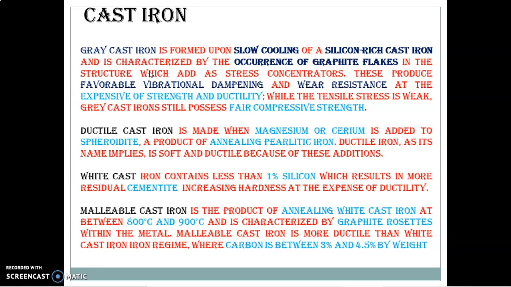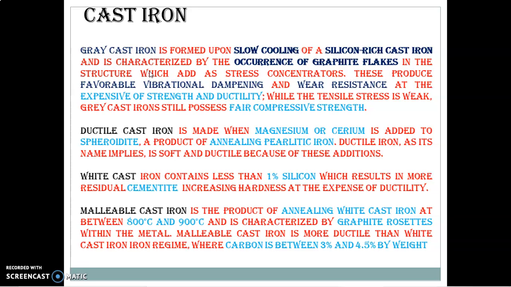Also we have seen that ductile cast iron is made when magnesium or cerium is added and the annealing process is carried out. Okay. So in cast iron, grey cast iron and ductile cast iron, that part we have studied. Coming to white cast iron, from this we will continue this lecture.